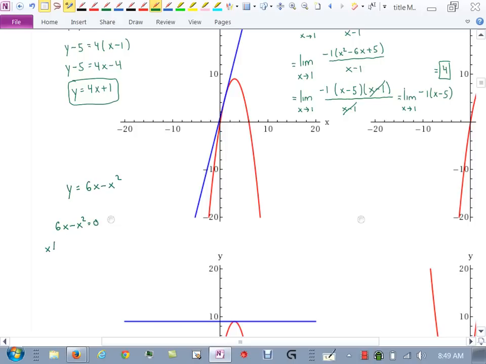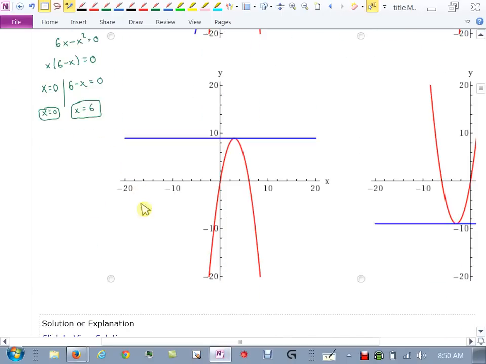You could factor out an x, set each of the factors to 0, and that would give you x is 0 is 1 x-intercept. The other one is x is 6. And we know that this parabola opens down because we have a negative in front of the x squared. You could also find the vertex. Let's see if these graphs, which ones we can eliminate here.